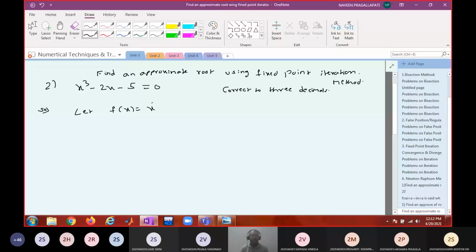So x cube minus 2x minus 5. The root lies between 2 and 3. f of 2 and f of 3 have opposite signs. Let me write f of 2 into f of 3 is less than 0 and f of x is continuous.